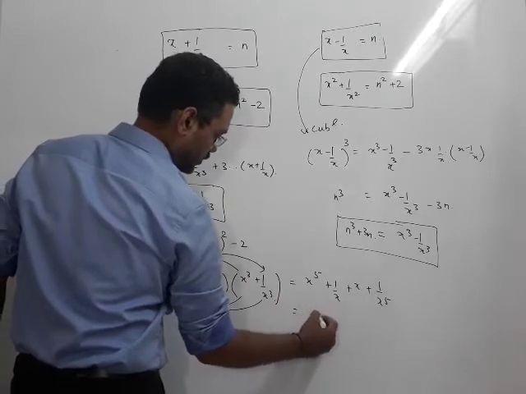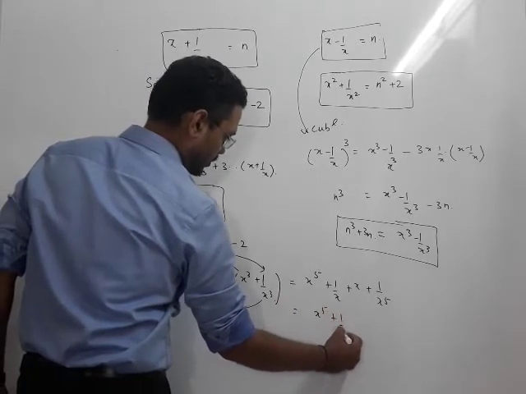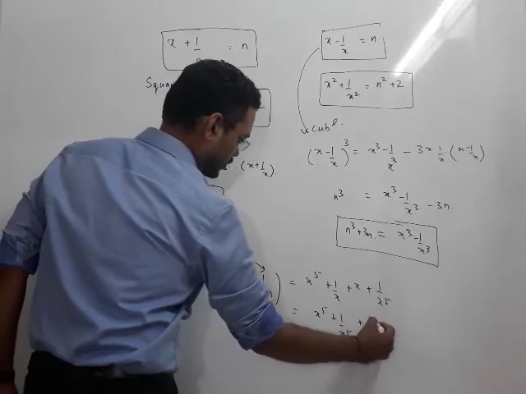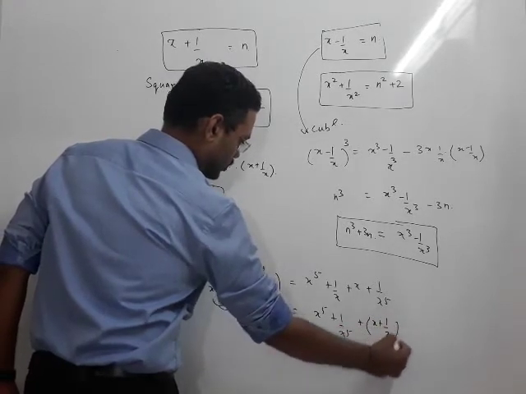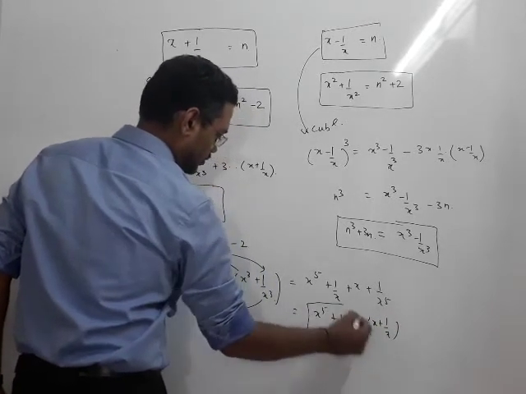So this is nothing else, x raised to 5 plus 1 by x raised to 5 plus x plus 1 by x.